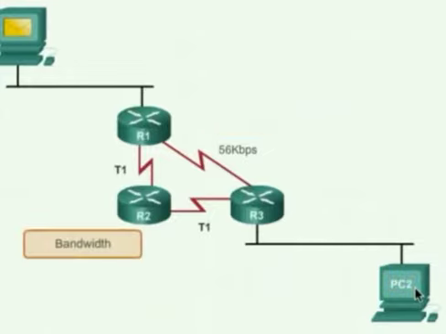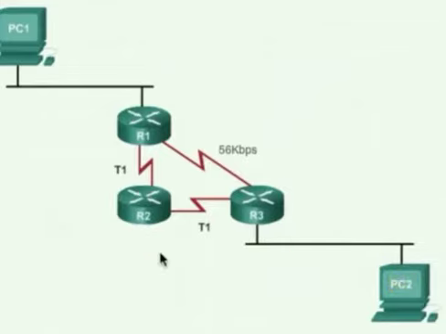We also have the Enhanced Interior Gateway Routing Protocol, which uses the bandwidth, the delay, the load, and the reliability. Also, we have another protocol that is not shown in this animation, Open Shortest Path First, which is a Cisco cost based on cumulative bandwidth from source to destination.